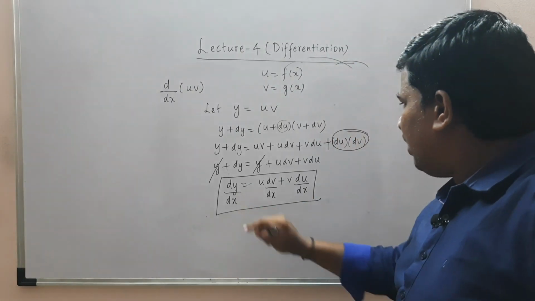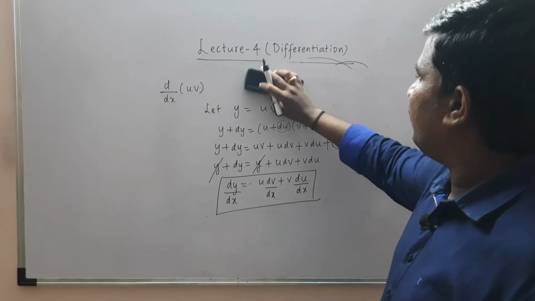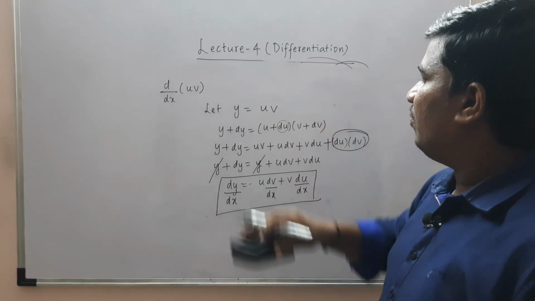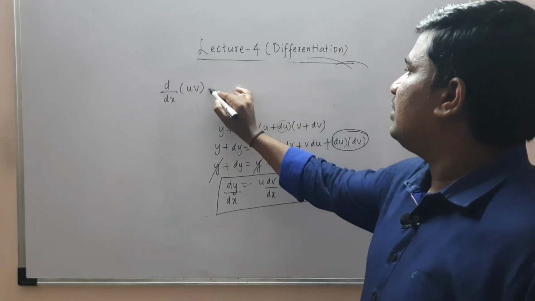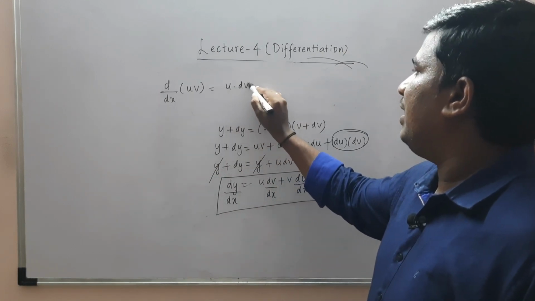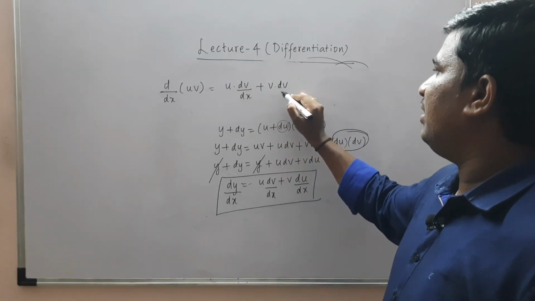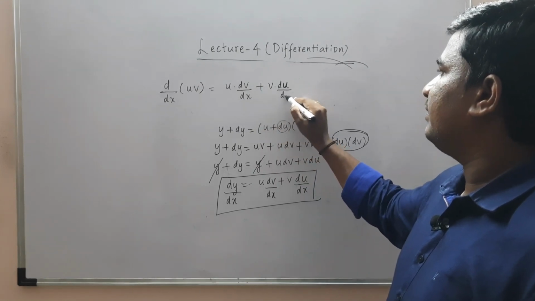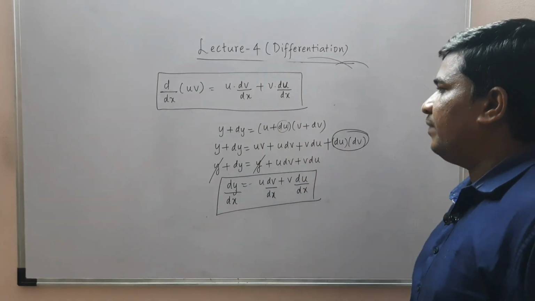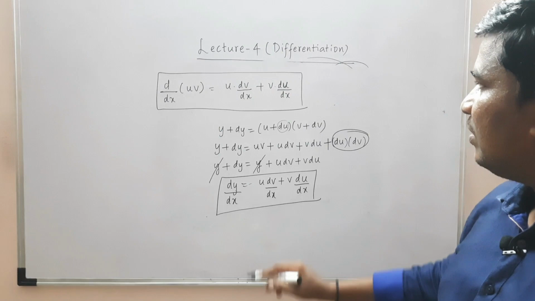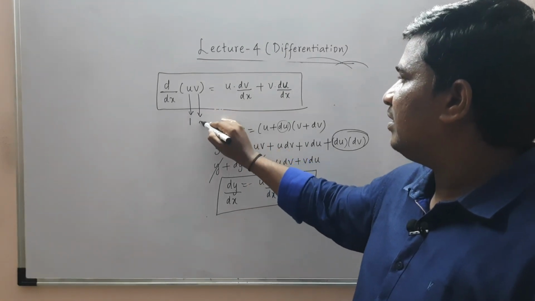So whenever you have, let me write here, d by dx of uv, what did I obtain? u into dv by dx plus v into du by dx. Right? So here this is the first function, this is the second function.